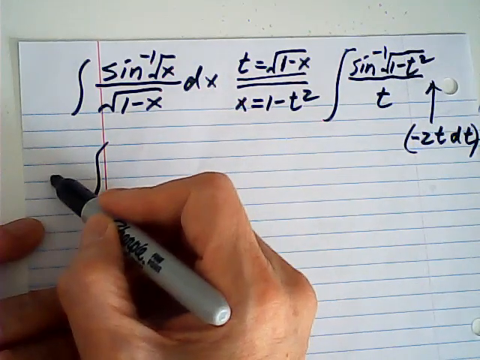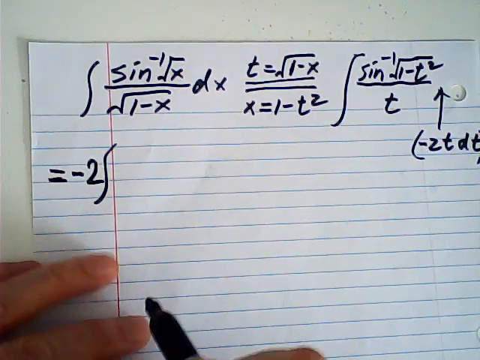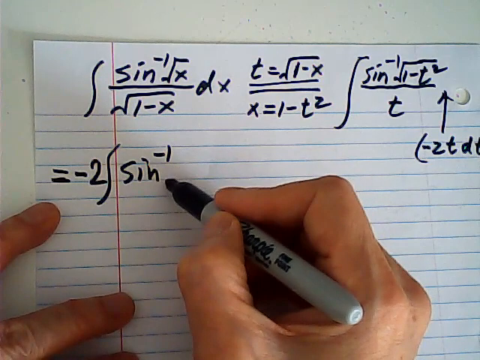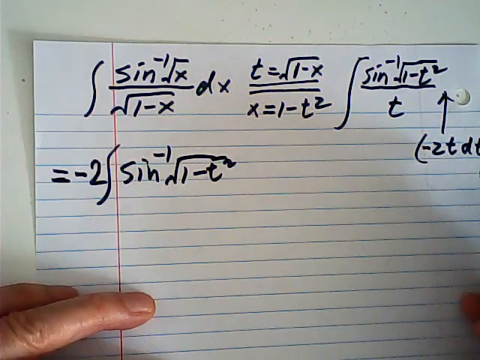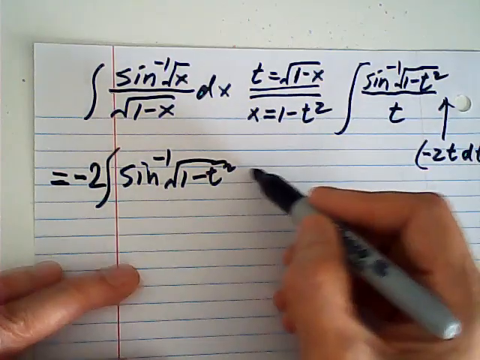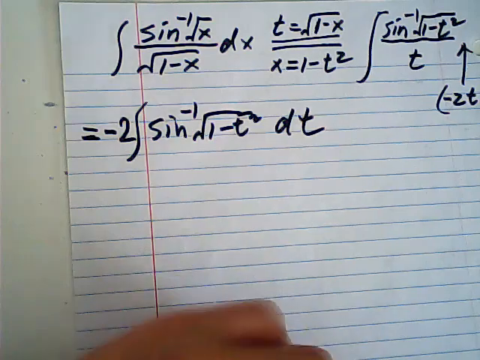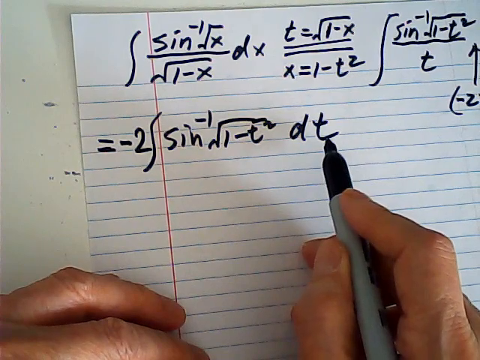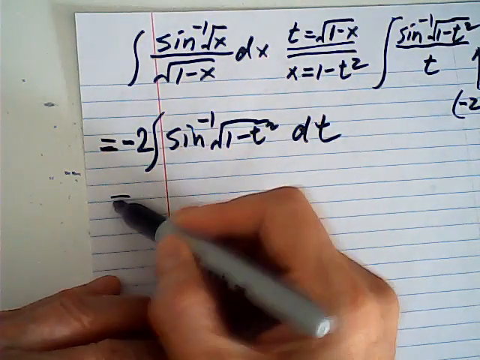So this becomes negative 2 arcsine inverse sine 1 minus t squared and dt. That's right. Must be very careful. Okay, now I'm going to use by parts again. This is my u, right? This is my dv.